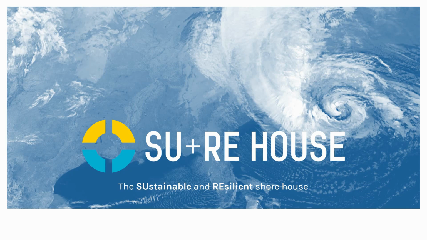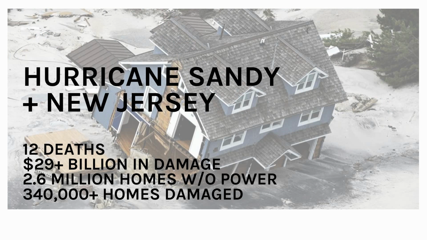So it's called the SURE house because it's sustainable and resilient. Its direct inspiration was Hurricane Sandy, which happened in 2012 and hit both New Jersey and New York very hard. A number of deaths, lots of property damage, lots of homes without power.